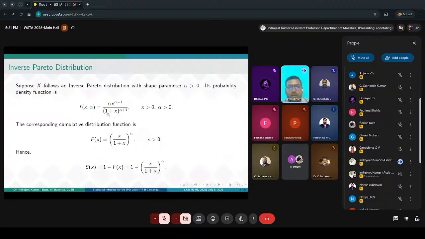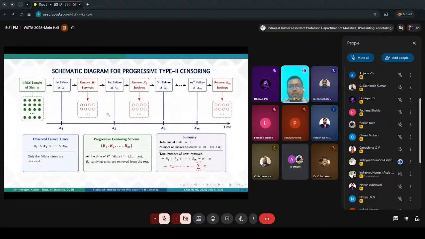Whenever we have data, to make any statistical inferences we require a probability distribution.